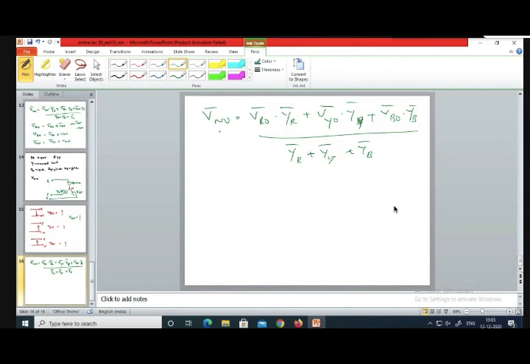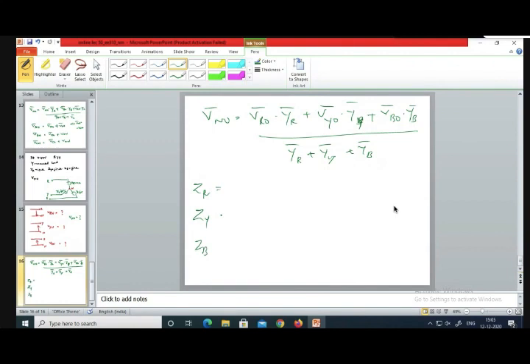After finding VNO, you can find the phase voltages on the load side using the neutral shift voltage. This voltage is the neutral shift voltage from Millman's theorem. So now you know YR, YY, YB, because you already know ZR, ZY and ZB.